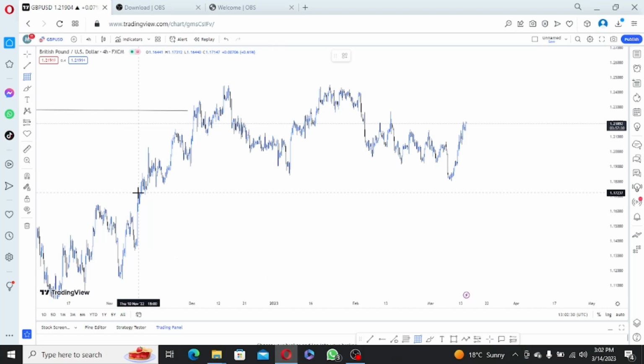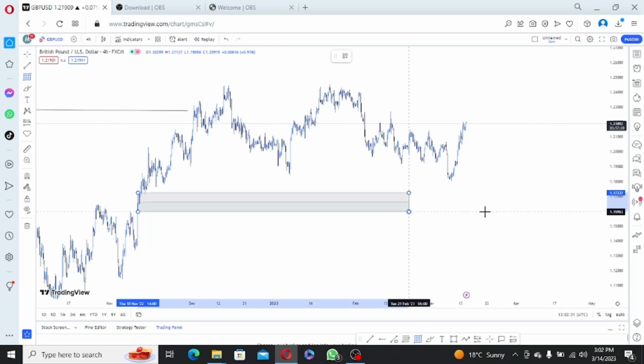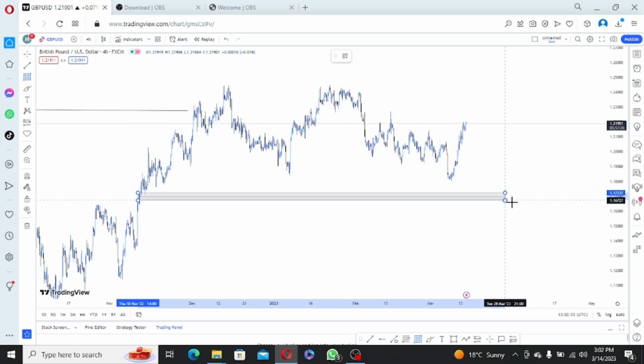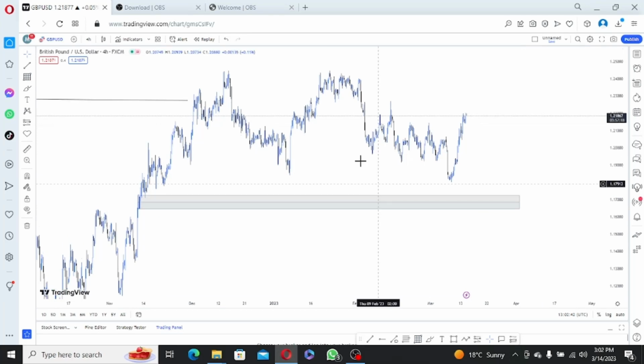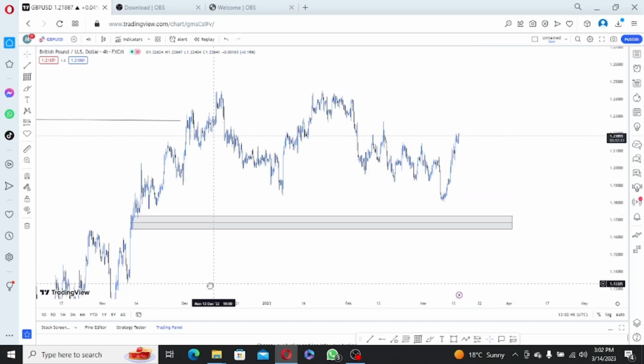I'm using a smaller screen, the laptop screen, so it will be very difficult to see some of the things. This is the order block that I think GBPUSD will use. I know a lot of people are already looking for a buy. Yes, but I think price will push back to the downside. I will explain that later on.